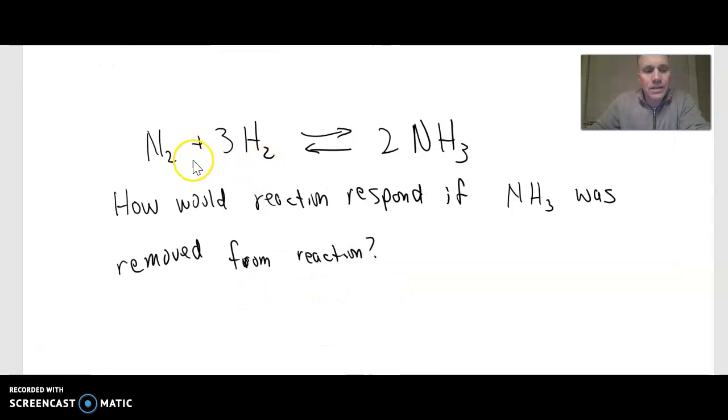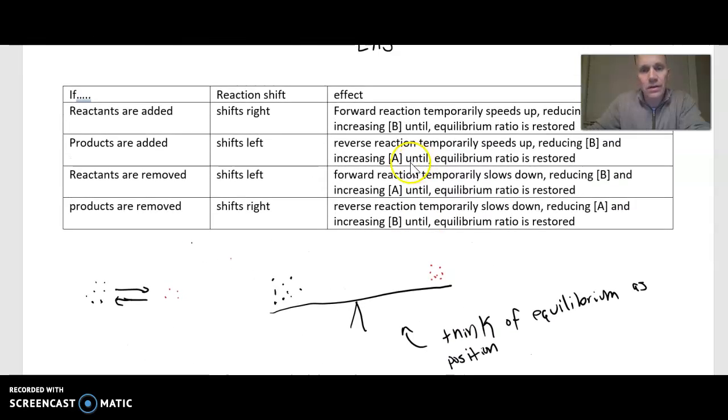As an example, let's pretend that we've got this reaction right here and that it's at equilibrium. How would this reaction respond if NH3 was removed from the reaction? So again, what that would involve is removing a product from the reaction. Let's look at our scenarios here.